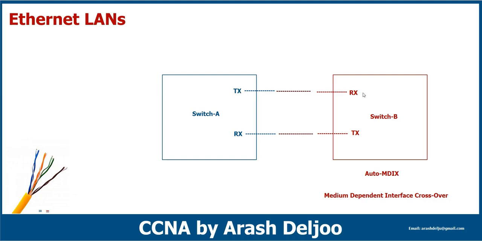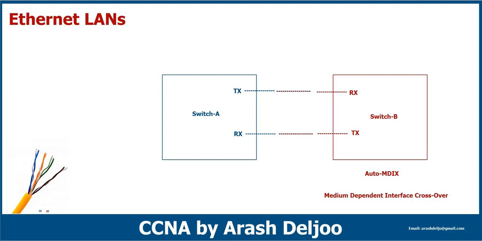Because of that, internally it can change the pins, and finally we have the correct pinout with a straight through cable. Here we didn't change the cable from straight to cross, but the switch changed the pinout. This is the feature we call auto MDIX. Because of that, in the real world, when you connect two Cisco switches to each other with one straight through cable, maybe the connection works, but this is not correct in our class.